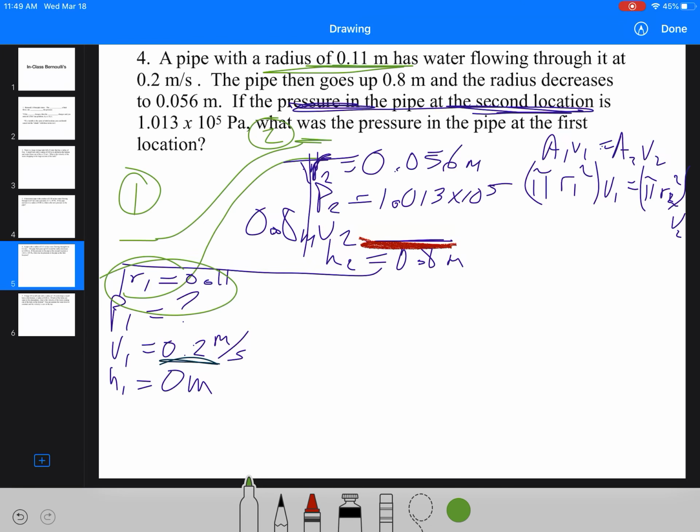And then what's going to happen is then I'll end up dividing by the area on this side. So it's pi times 0.056 squared.